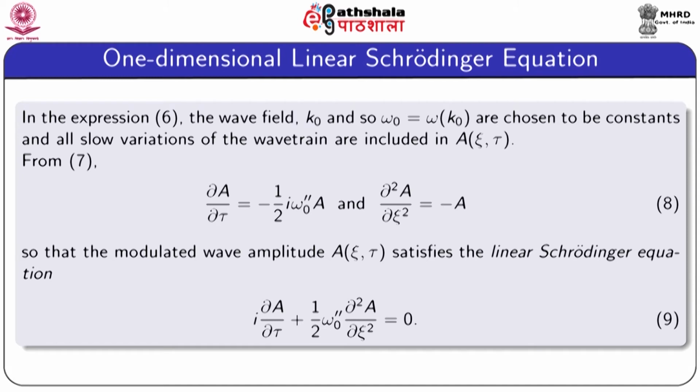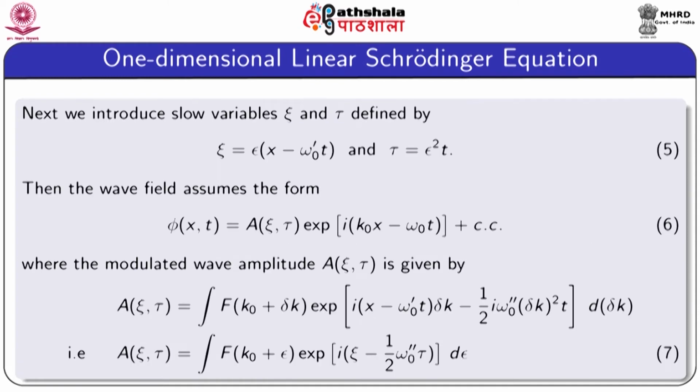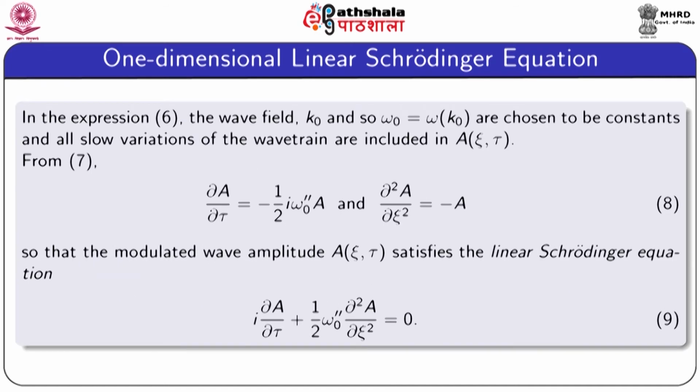Now, in expression 6, k0 is considered as constant, therefore omega 0 is considered as constant, which is a function of k0.